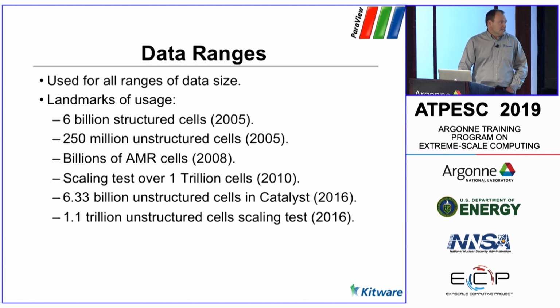A more recent benchmark result was before Lanel's Trinity machine went from the yellow open science period until the red. We were involved in making sure that ParaView and CMake and everything ran on the machine well. And on a tenth of the machine, we were able to do a scaling run of 1.1 trillion unstructured cells. So it's good for really large data.